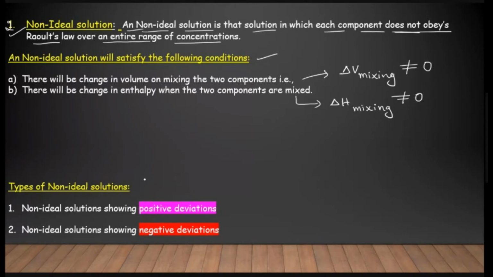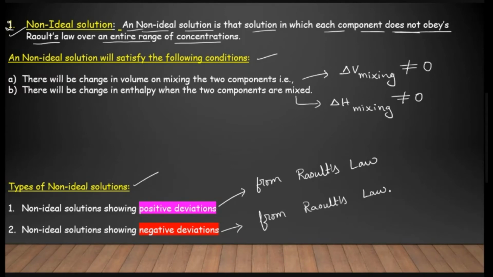Here, non-ideal solutions are further classified into two different types. The first one is the non-ideal solution showing positive deviation from Raoult's law. Similarly, you have the non-ideal solution showing negative deviation from Raoult's law.